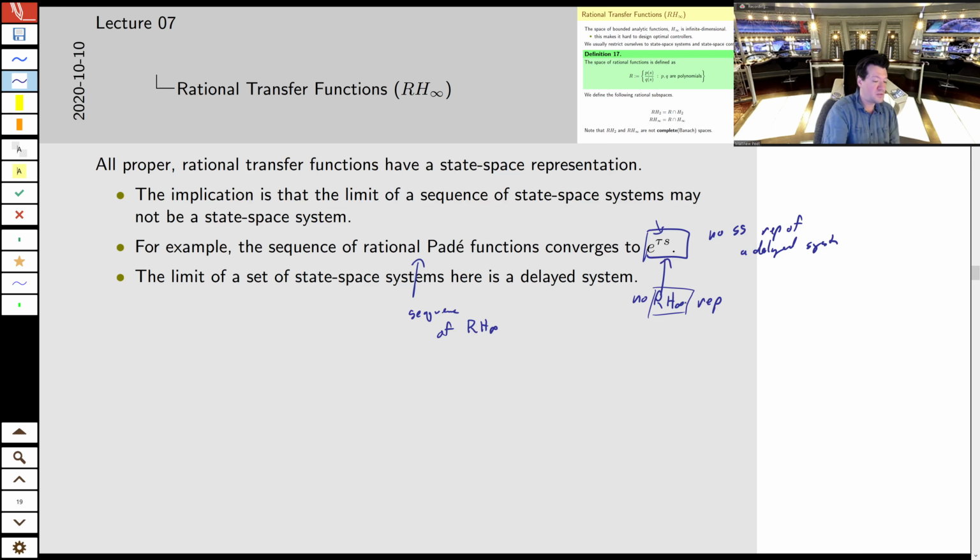There's a sequence of rational Pade approximations which converges in the right norm to this complex exponential, but obviously this is not a rational function itself. So we can have this weird situation where we have a limit of systems in the H infinity norm which converges to something which is not in RH infinity itself. And so we have all sorts of caveats, and we have to hedge all our bets at this point. But that's life. That's how it is.